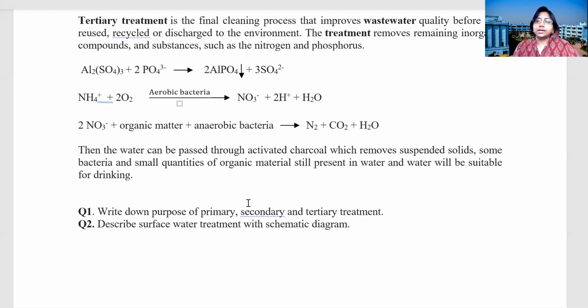That is why rainwater harvesting is very important. We can create our own surface on the roof or any place, and we can store the water, and by a simple treatment process we can use this water for our daily purposes.